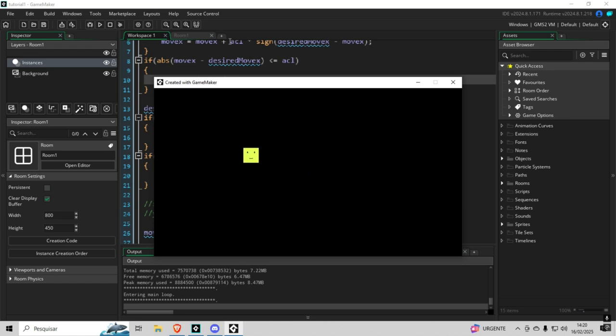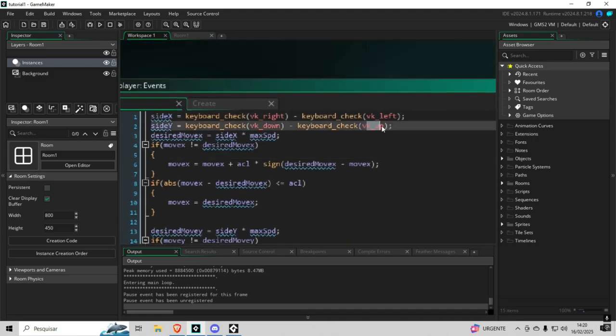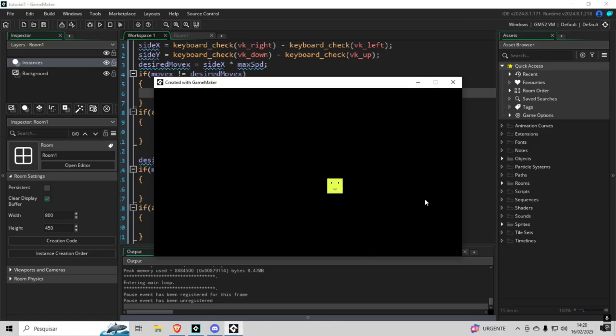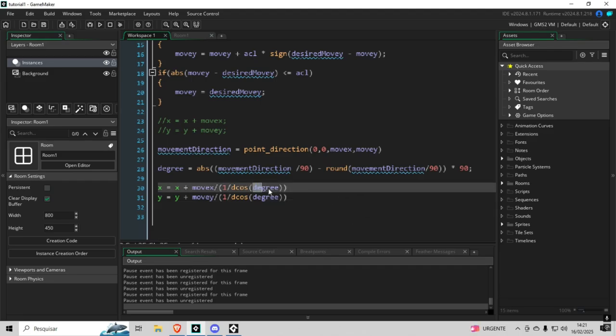All right, I'm tapping up, and you can see that the player speed stays constant. He isn't faster. But if I do that thing that detects which keys I'm pressing, the player speed in that situation would be constantly getting lower and higher as I'm pressing the up key. So this code fixes that, because the variable that divides the player speed has something to do with the angle that the player is moving.